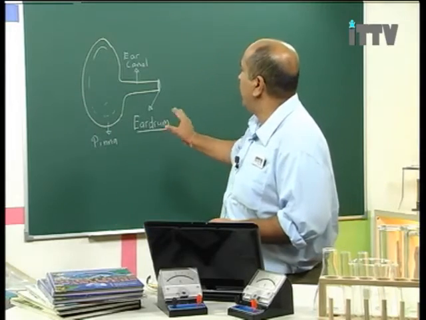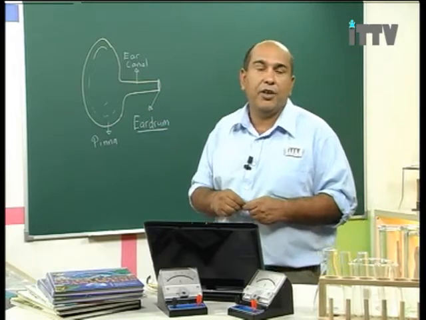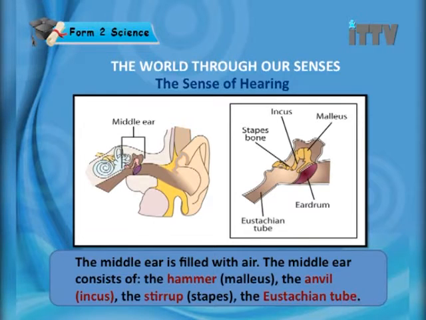So that's our outer ear with the three main parts: pinna, ear canal, and eardrum. The middle ear is filled with air. The middle ear consists of the hammer, malleus, the anvil, incus, and the stirrup, stapes, the eustachian tube.